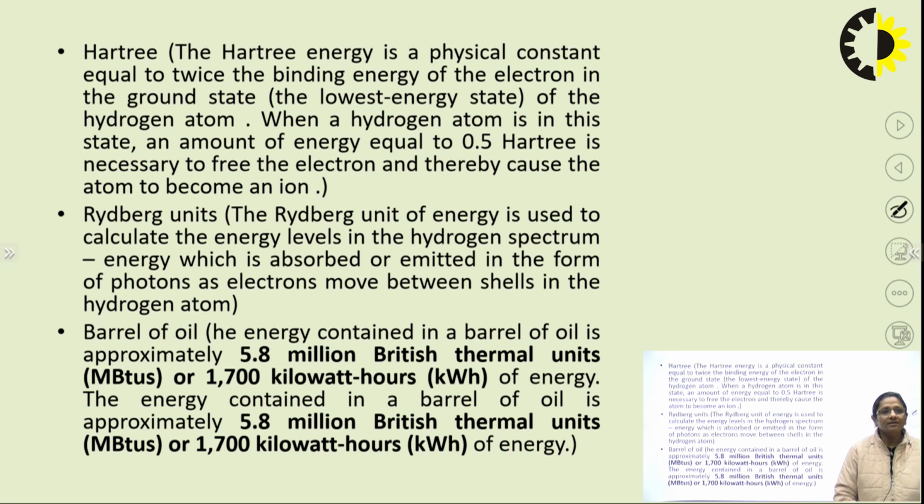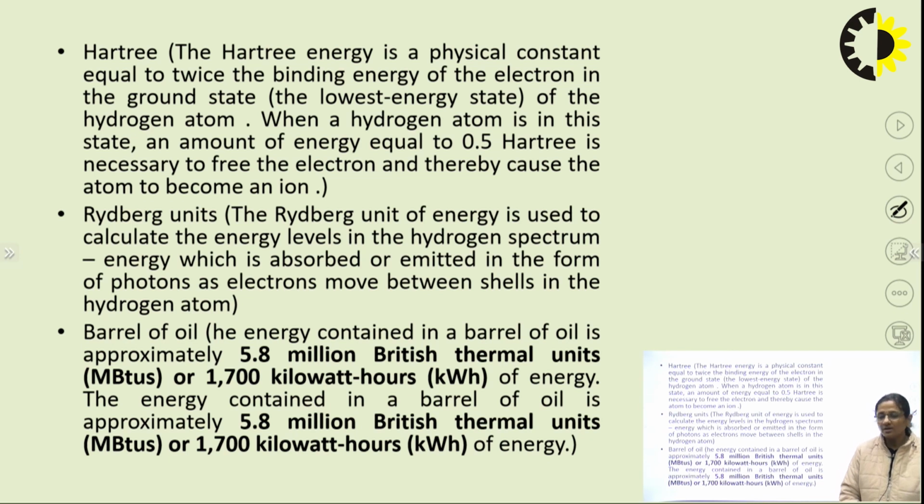Rydberg units. The Rydberg unit of energy is used to calculate the energy levels in hydrogen spectrum energy, which is absorbed or emitted in the form of photons as electrons move between shells in the hydrogen atom. Barrel of oil.